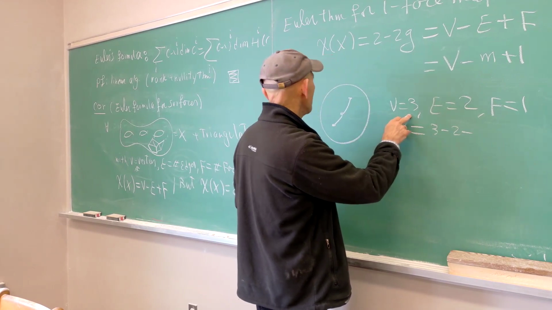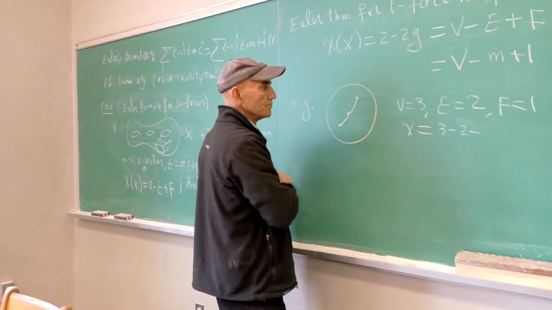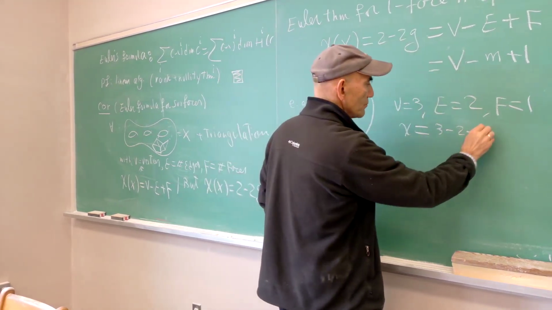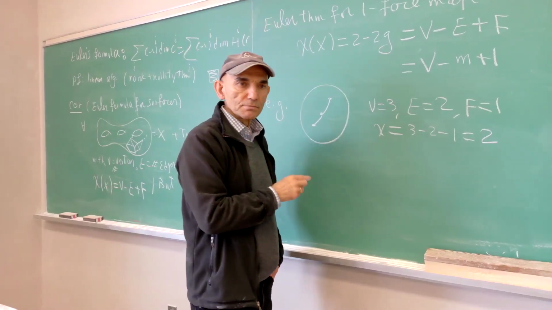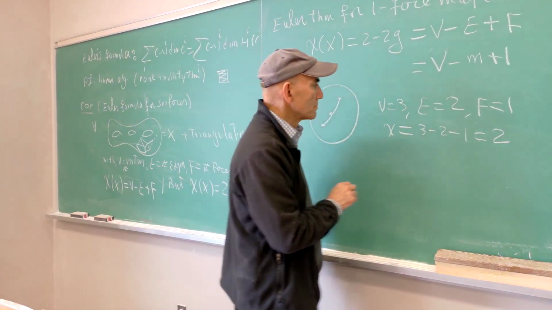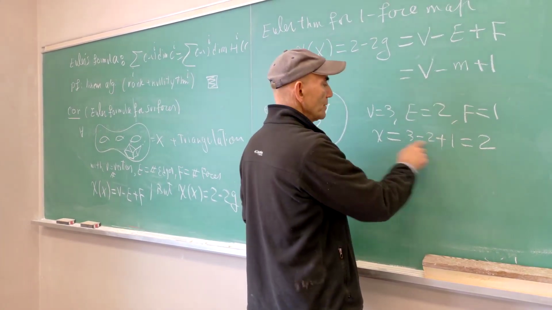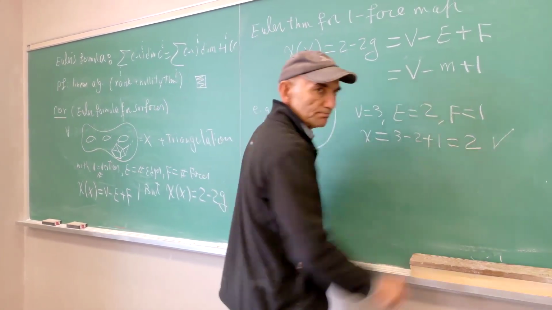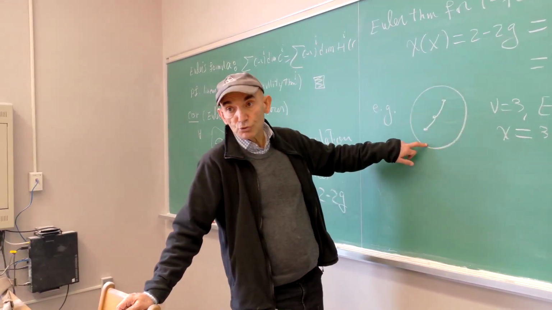And of course, the Euler characteristic is equal to 3 minus 2 plus 1. We get 2. So this predicts a sphere. And it should be 2 because Euler characteristic of the sphere is 2.